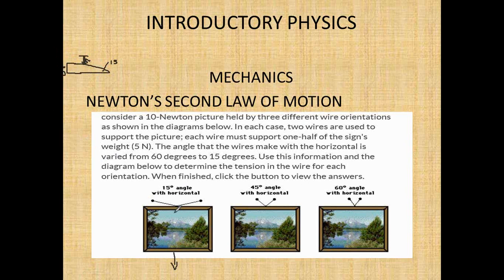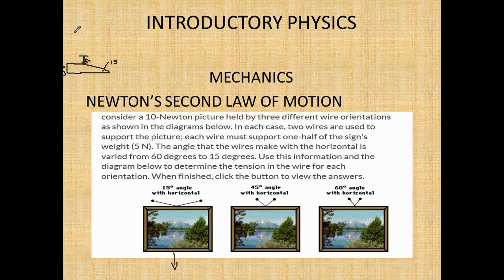So the total force that's going to pull the frame upward has to be 10 newtons, and it's shared at 10 newtons between the two wires. So it is this vertical component of this force which is 5 newtons. So we can determine the tension in the cable.